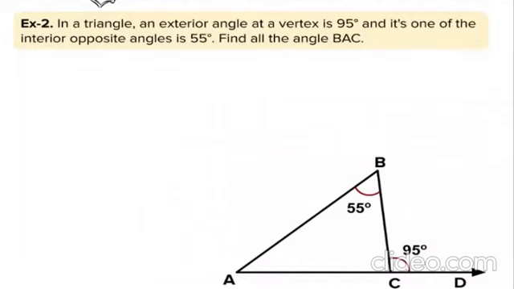In a triangle, the exterior angle is given to you, and one interior opposite angle is given. You have to find BAC. Okay, now let's try to do this.